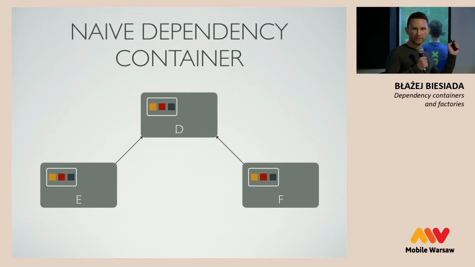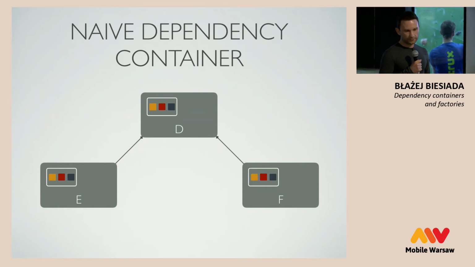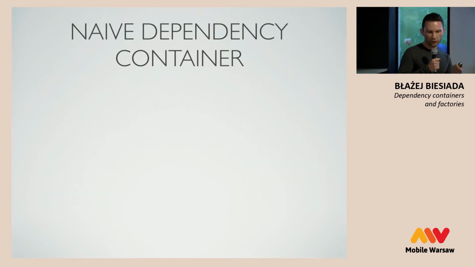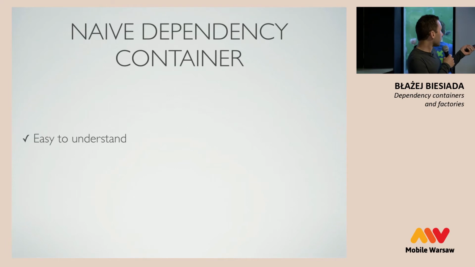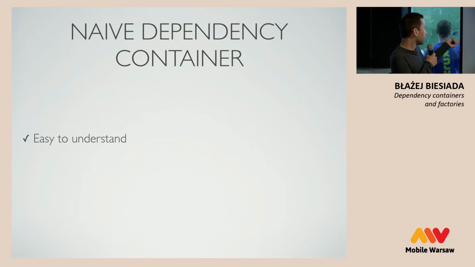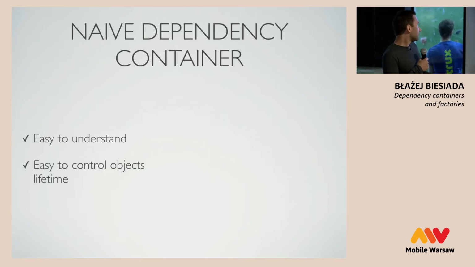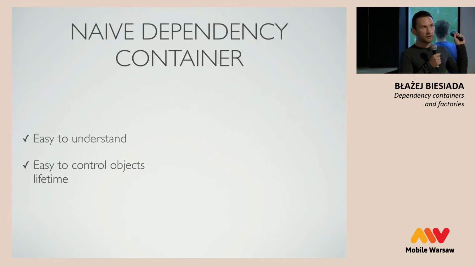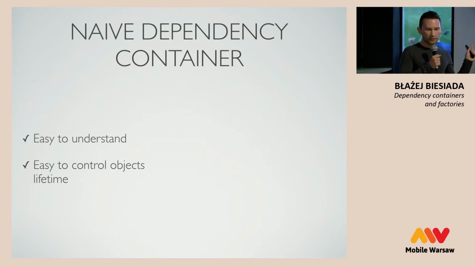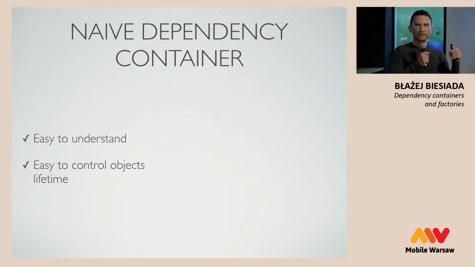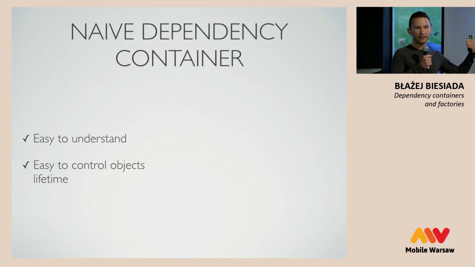Have you maybe seen this? How many of you have seen something like this? Right? Yeah. So it's even more popular. But it also has some pros. It's still, I would say, easy to understand, and here it's also easy to control the lifetime of the objects, because inside those containers, you might hide the objects behind some APIs.